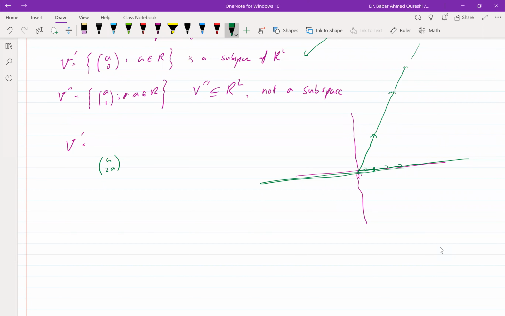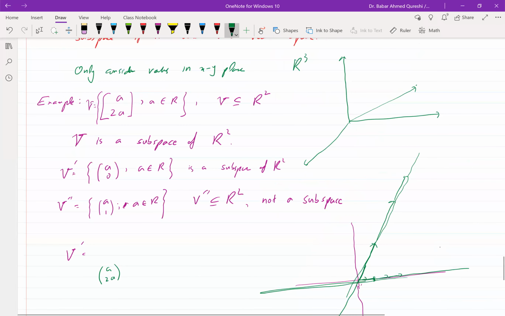So it will give me this line. So any line in 2D would be a subspace. Similarly, any plane in 3D, because I can add vectors in that plane and I'll get the vectors back in that plane, any plane in 3D would be a subspace.